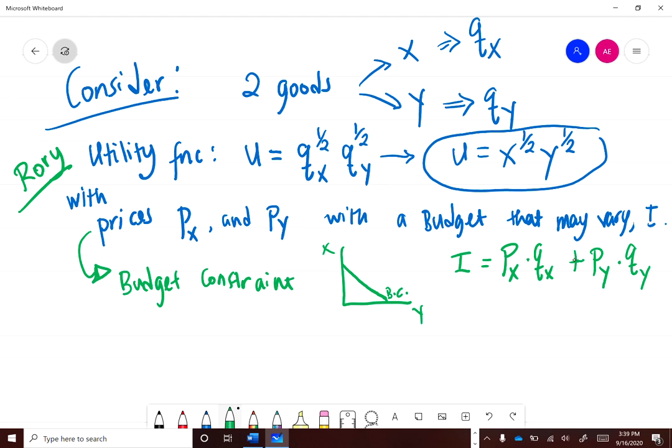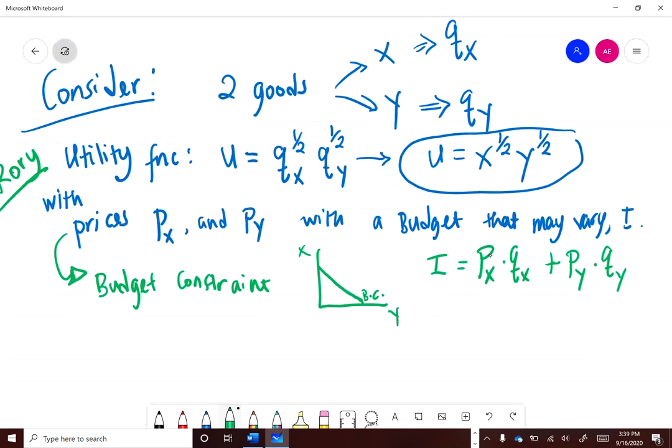Okay? So the sum of these two things should be equal to Rory's budget, her I.